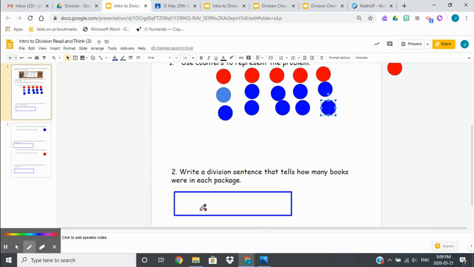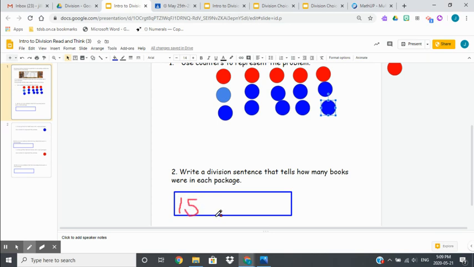So I'm going to draw my division sentence right now. I have to think about how many books I started with in the first place. Well, there were 10 information books, and there were 5 fairy tale books. So 10 plus 5 is 15. So we always take that total number and put that first.